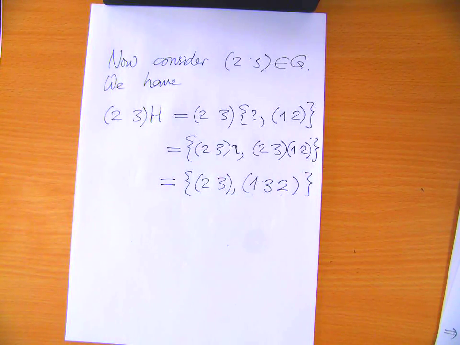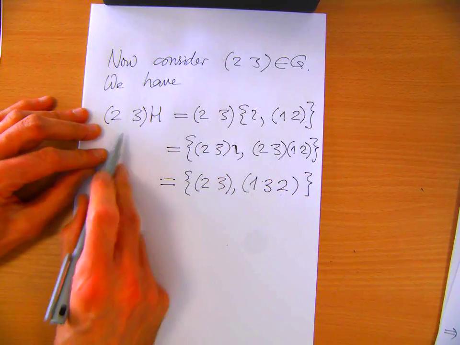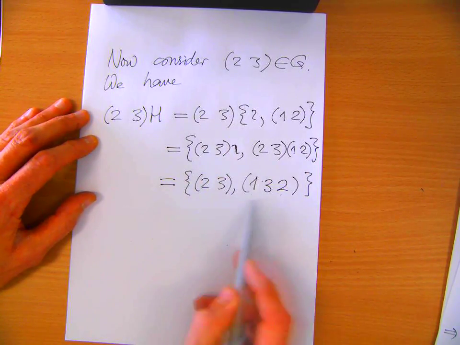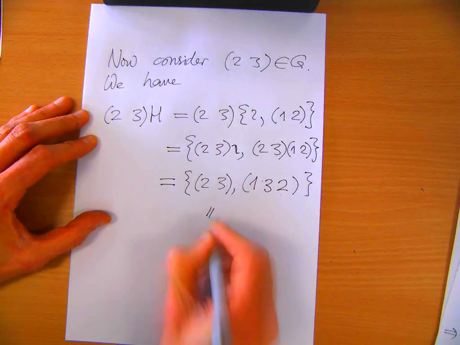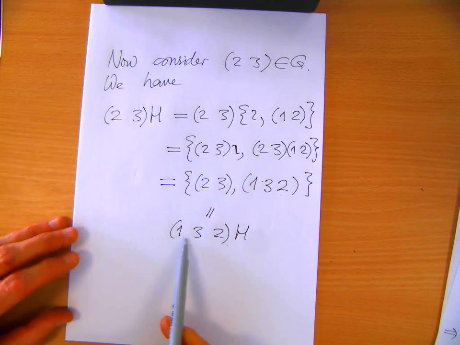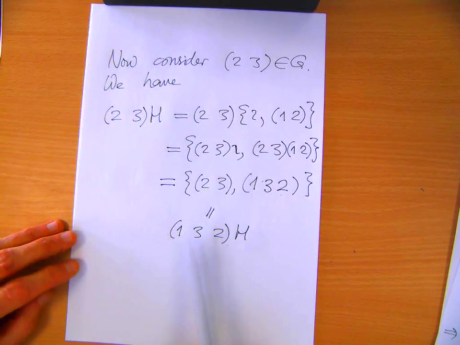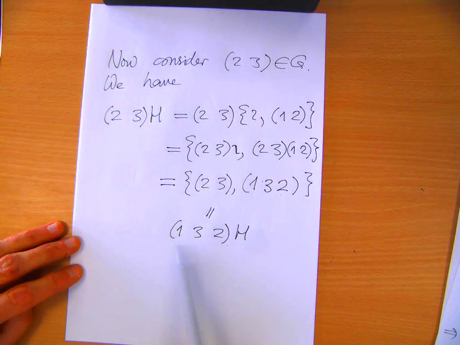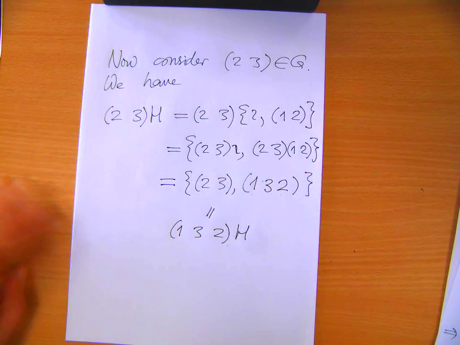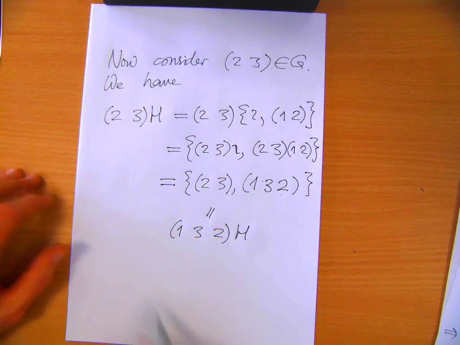Okay? So as we might have expected, the coset that contains (2 3) in fact contains (2 3) and the remaining element. So this is also the coset (1 3 2)H. It must be the coset (1 3 2)H because the coset (1 3 2)H is the cell that contains (1 3 2), and this does contain (1 3 2).